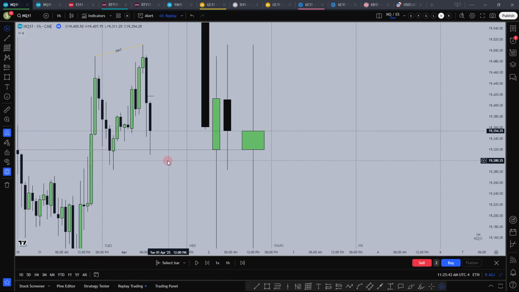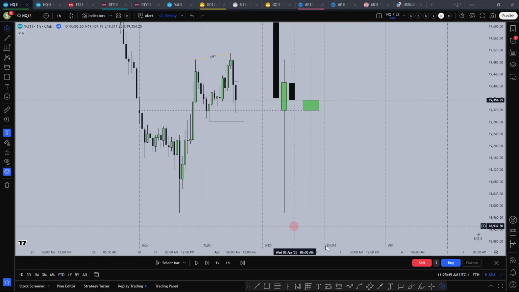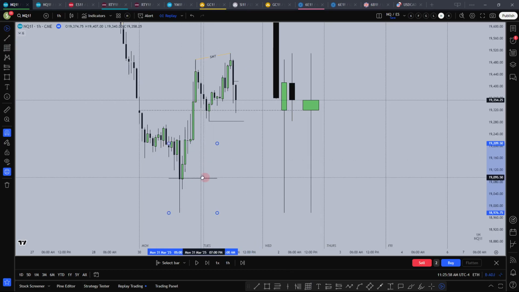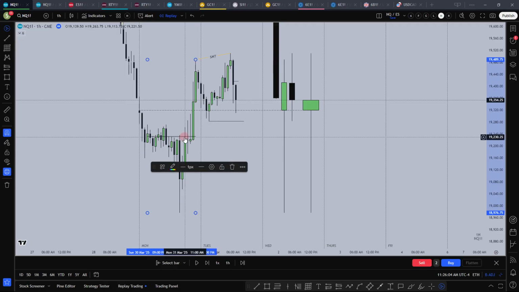Low of the day plus EQ of previous day's range.